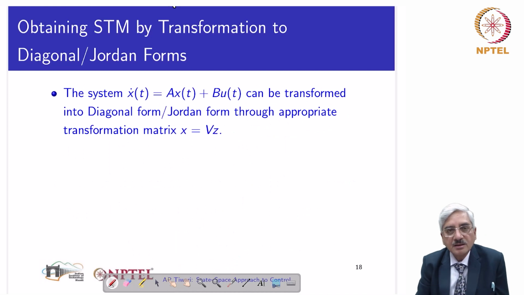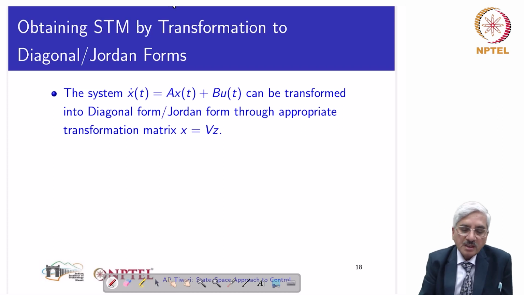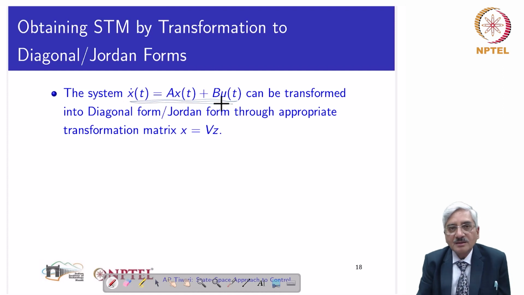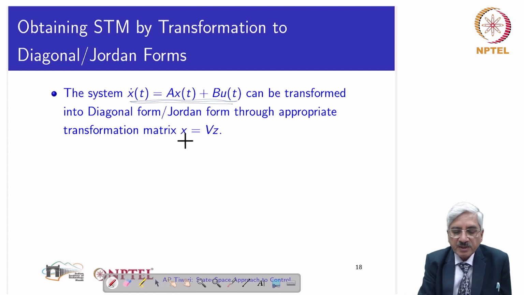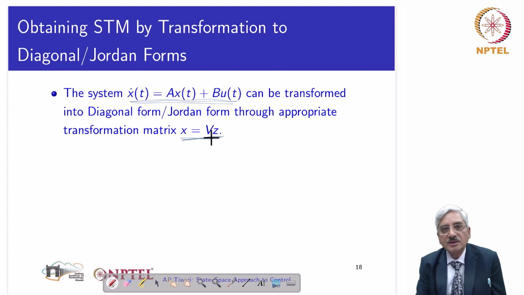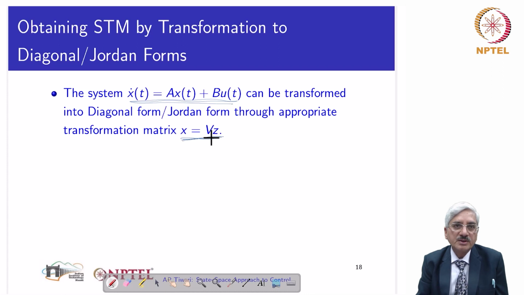The next method is by converting the given matrix into diagonal or Jordan form. So we are given the state equation. We can search for an appropriate transformation, as it was told in the earlier lectures, which converts the given system matrix into diagonal form in case of distinct roots and Jordan form in case of repeated roots.